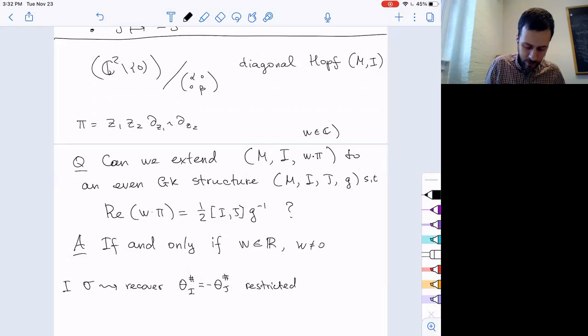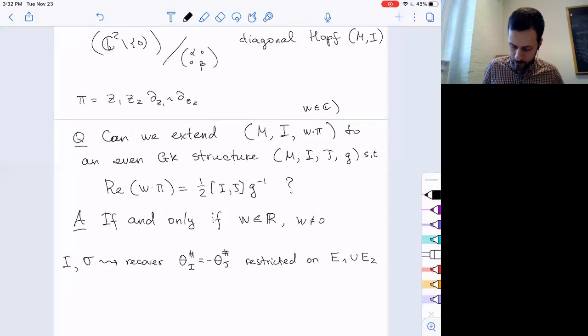So I and sigma alone, without any knowledge about the metric, allow you to recover the restriction of those on the canonical divisor, which is the union of two elliptic curves inside your Hopf surface. You have this E1 union E2. So this is the set where Z1 is 0, and this is the set where Z2 is 0.